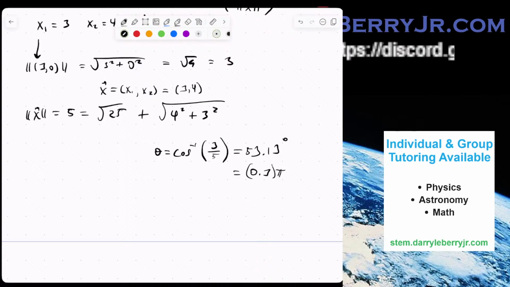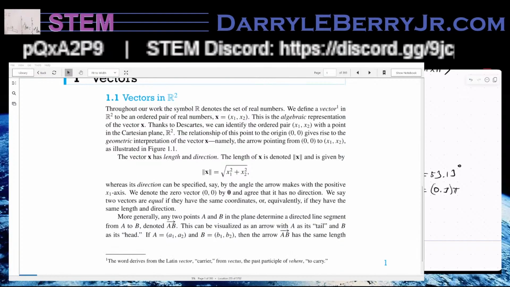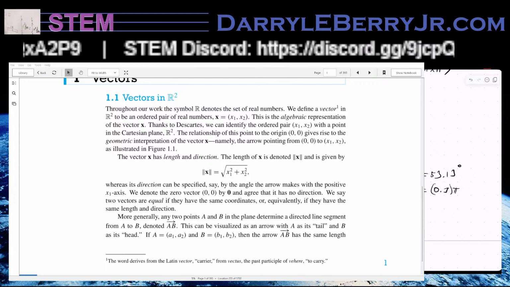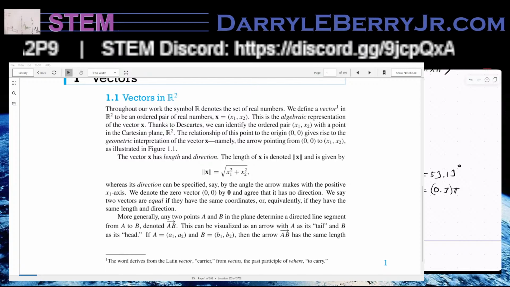So it says 2 points on the plane determined by a directed line segment, right? So a directed line segment.